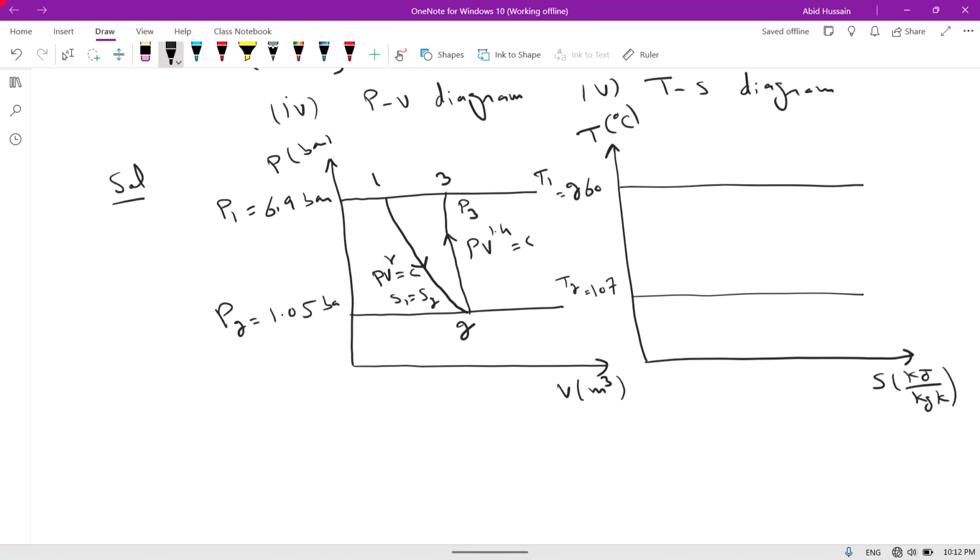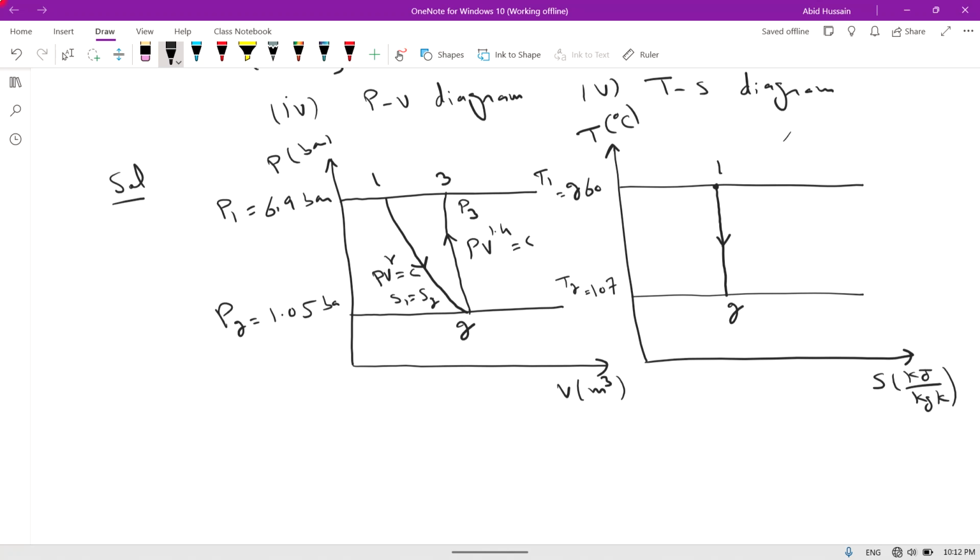We know that a constant entropy process is a straight vertical line on a TS diagram, so this is point 1 and this is point 2.